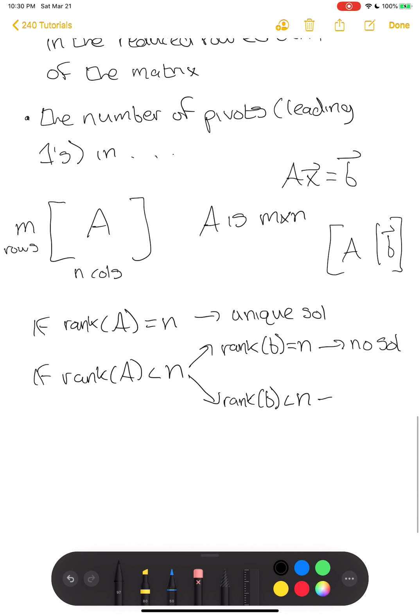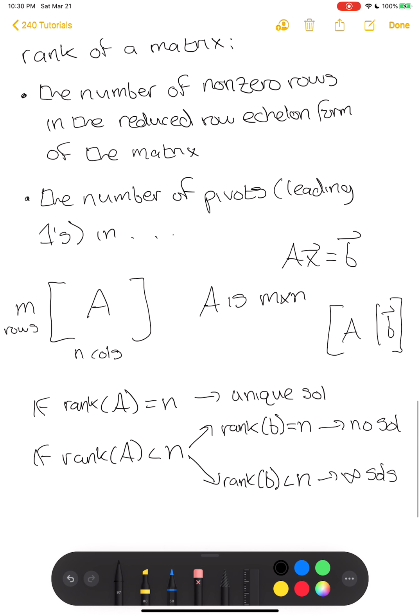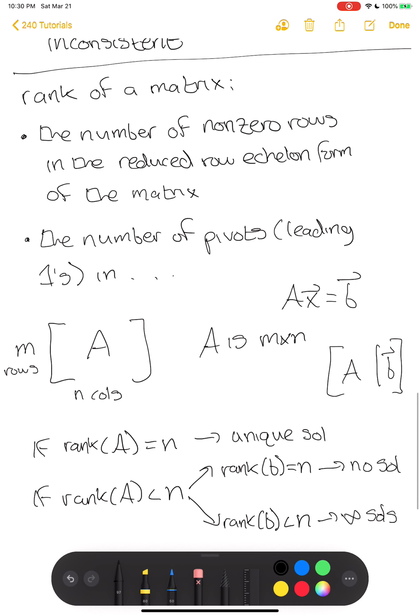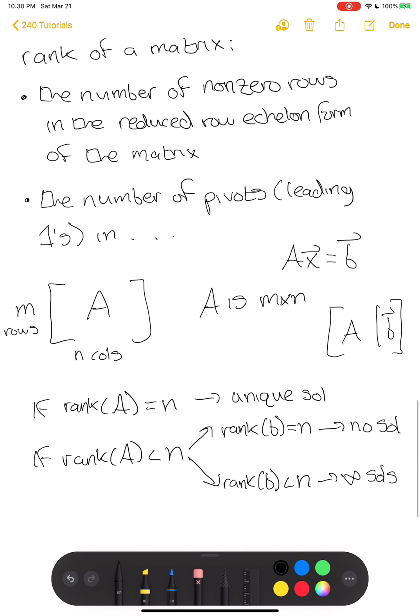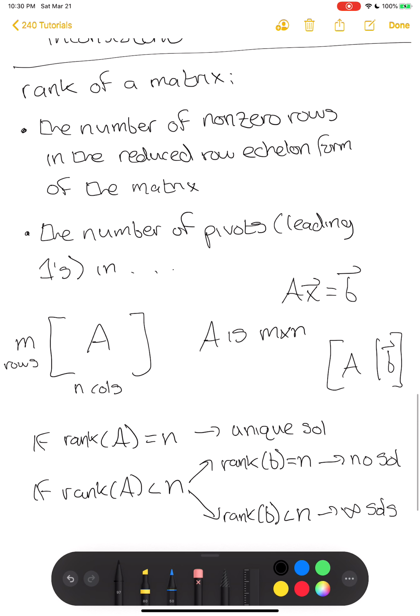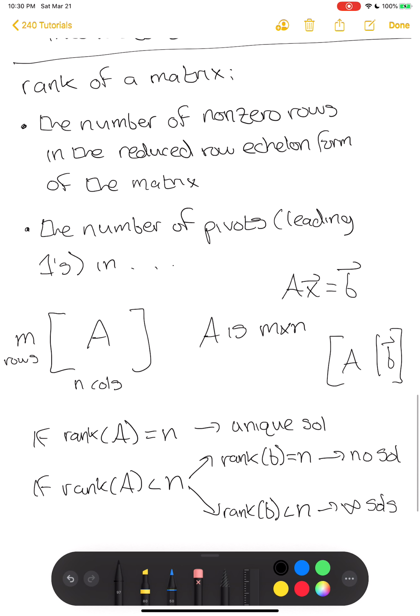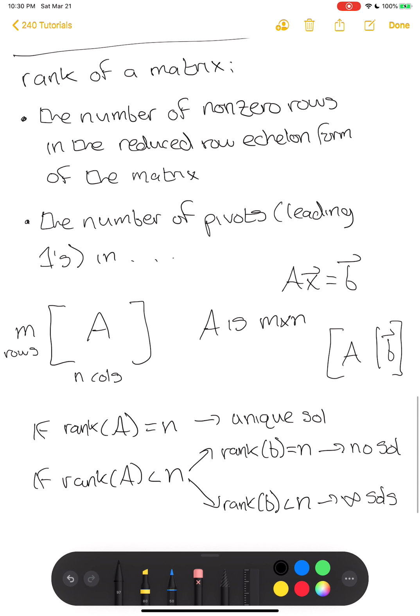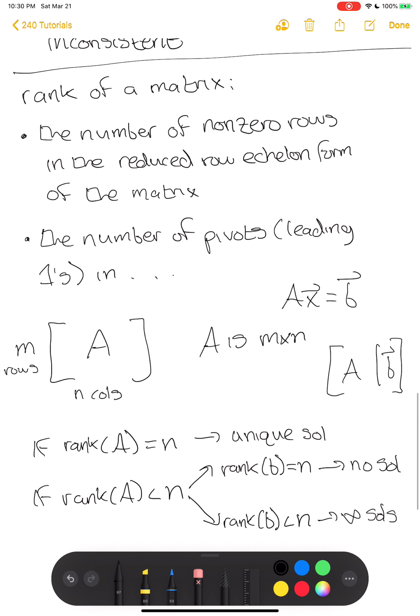And in fact, I'll have infinitely many solutions. So again, the reason we talk about rank is more of just from a theoretical standpoint, being able to skip the calculations and decide for yourself how many solutions you should expect to have in a given system of linear equations.